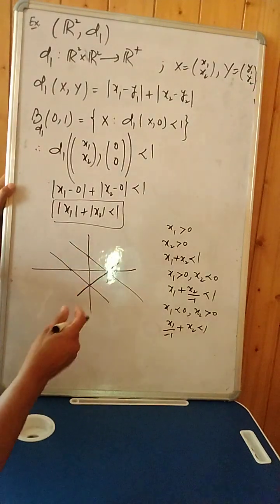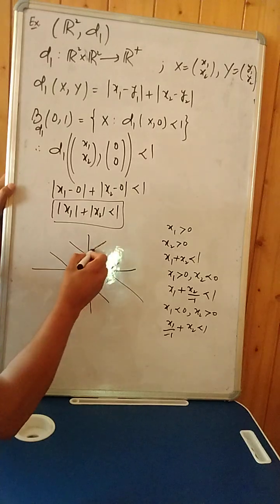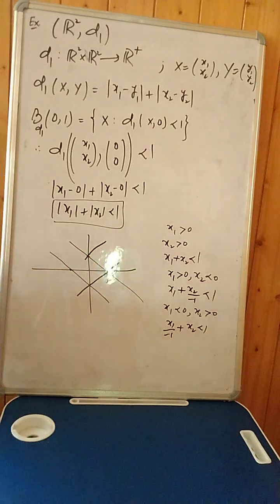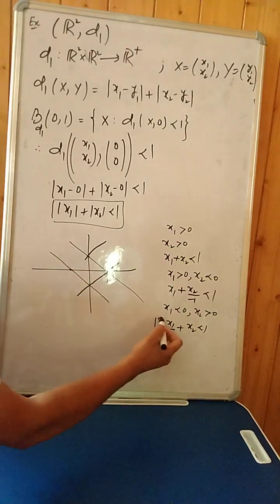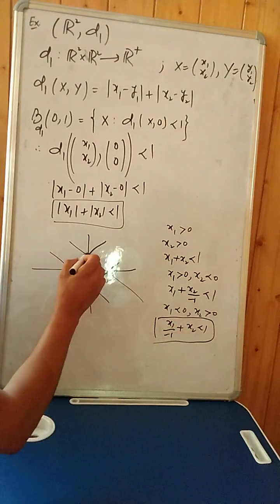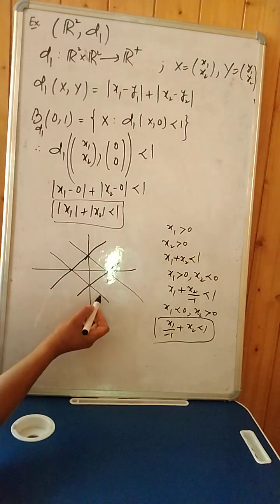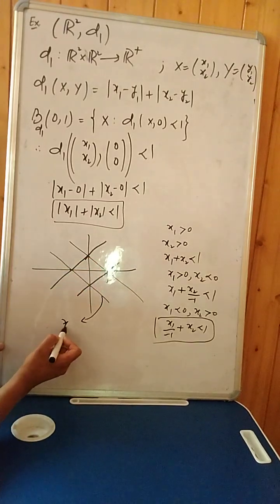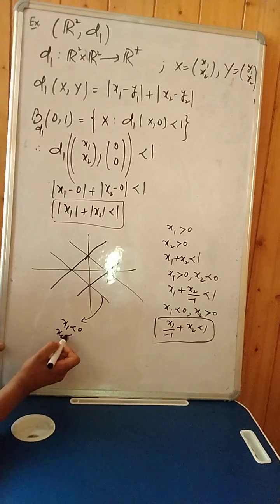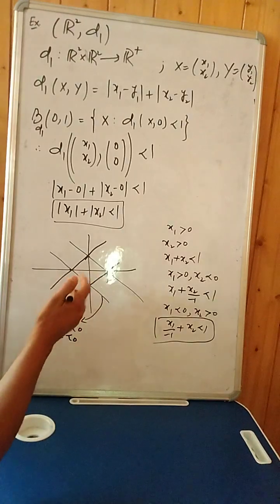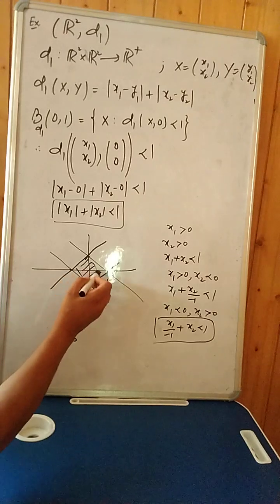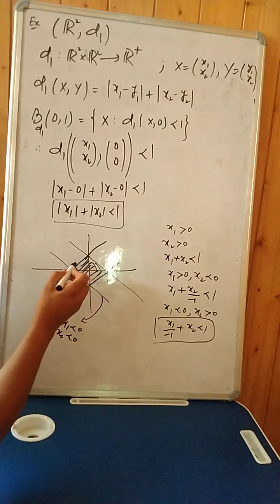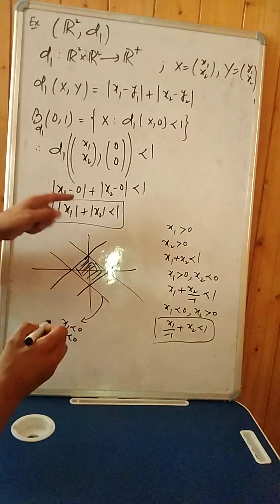Similarly, the third case is if both are negative, for this we have both x1 negative and x2 negative, so as a whole we can say that the interior of this square, without the boundary, represents this open set.